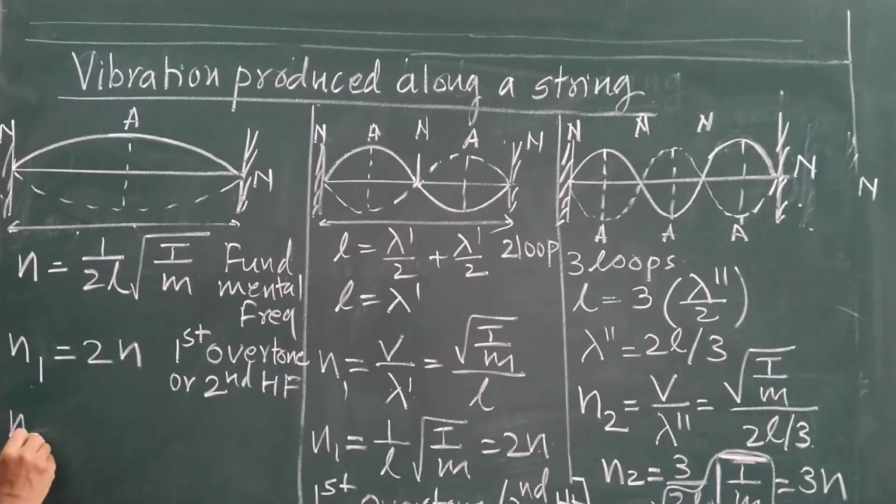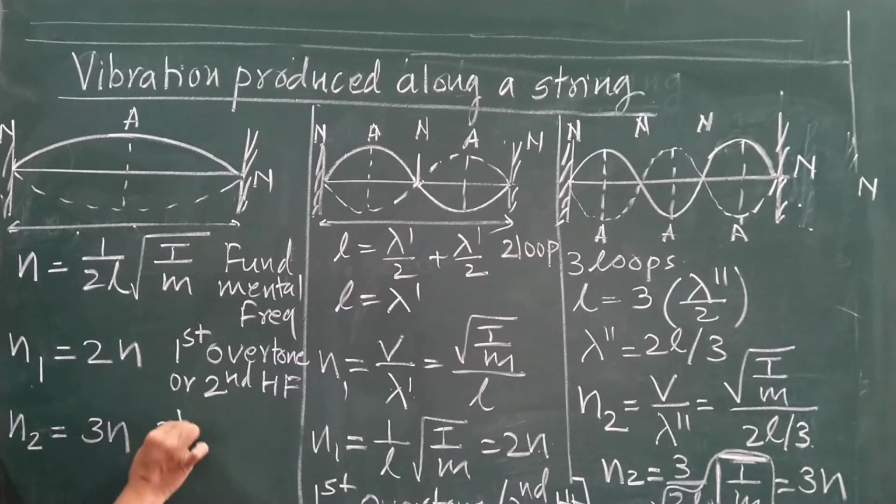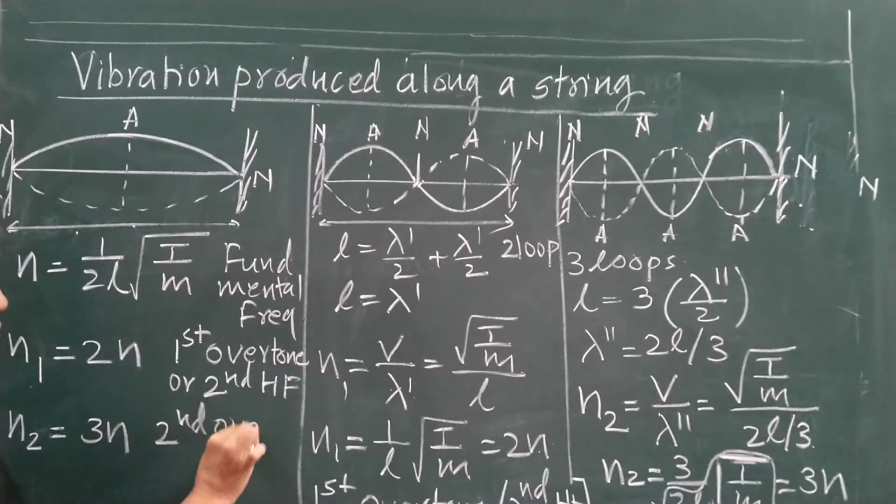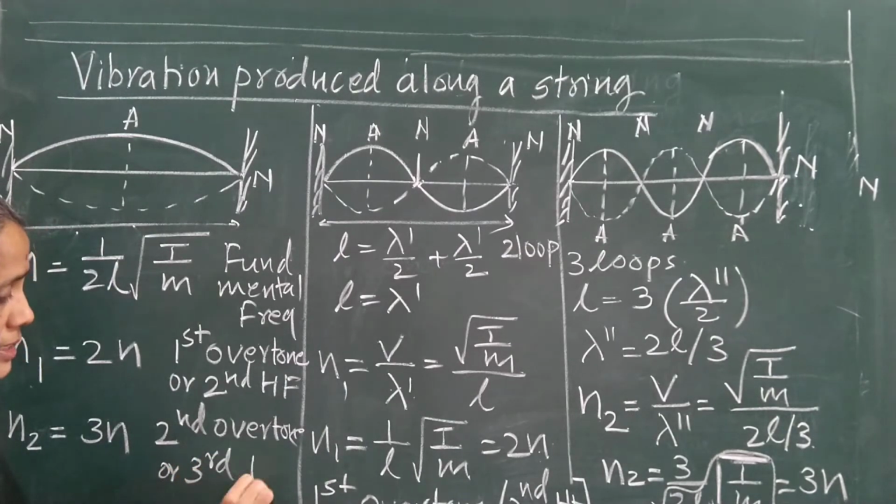And then I am getting the second overtone frequency, which is equal to 3N, called the second overtone frequency, or the third harmonic frequency.